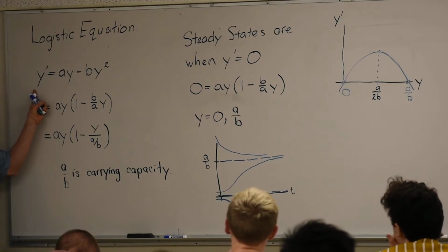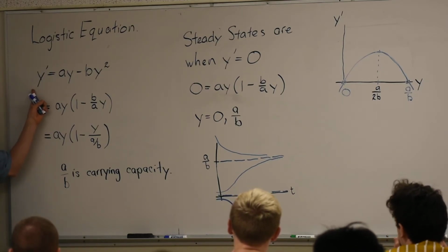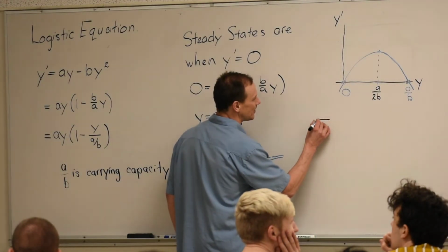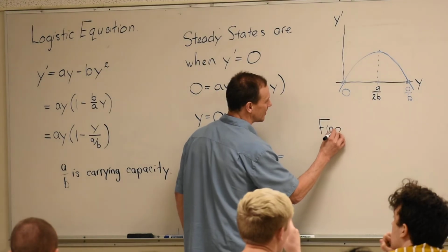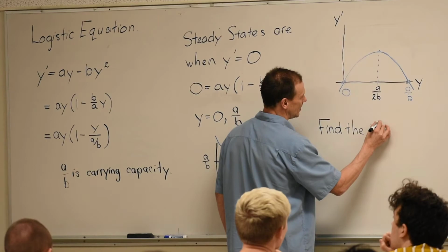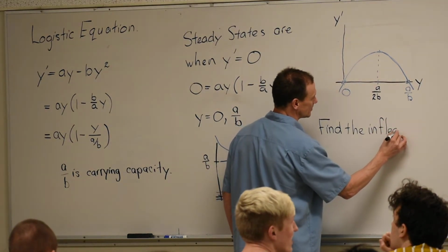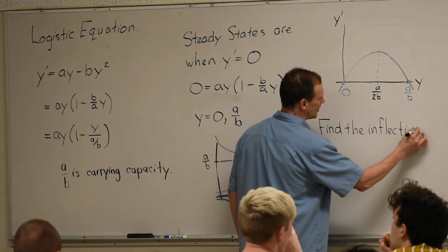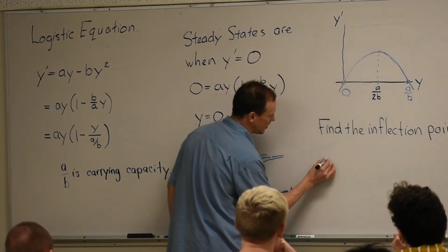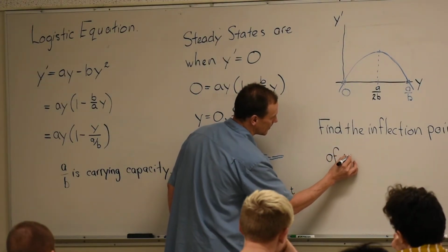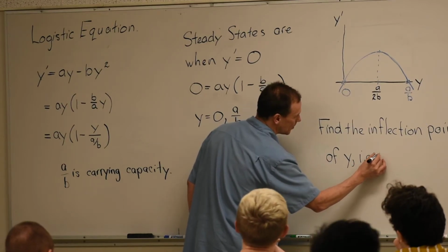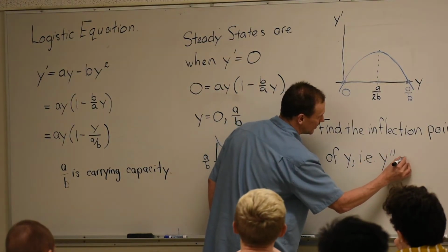If you know the first derivative, it'd be pretty easy to find the second derivative. So I'd like everyone to take a minute, find the second derivative, set it to 0, and find your inflection point. I'll write that while you're working: find the inflection point of y, i.e., y double prime is 0.